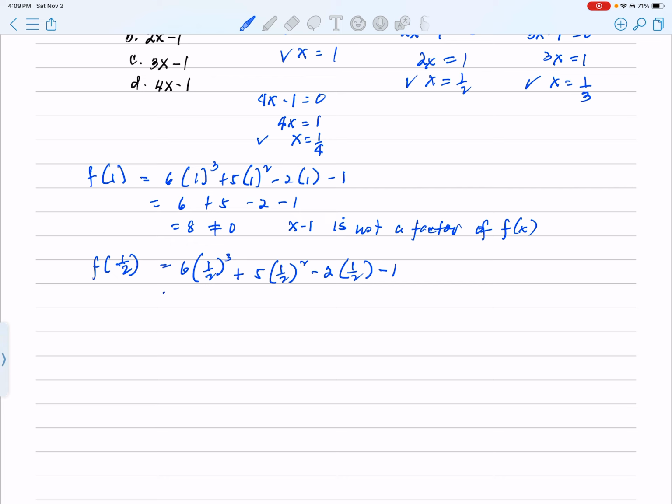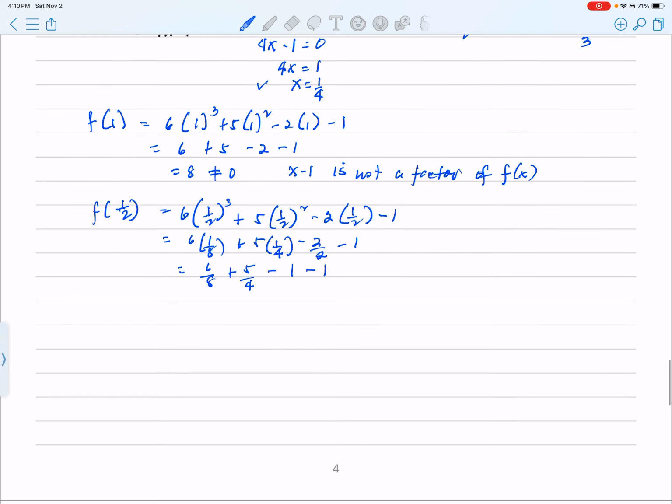So 1 half cubed is 1/8, right? 1 half squared is 1/4. 2 times 1 half is 2/2. I'm just showing. Minus 1. So this will become 6/8 plus 5/4, 2/2 is 1, minus 1.